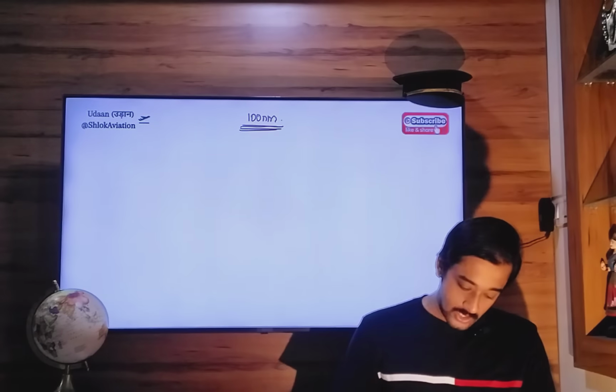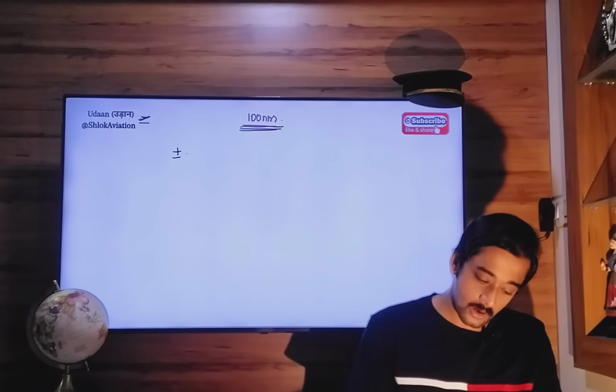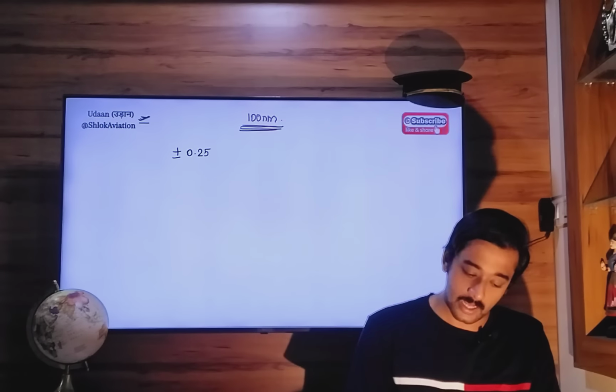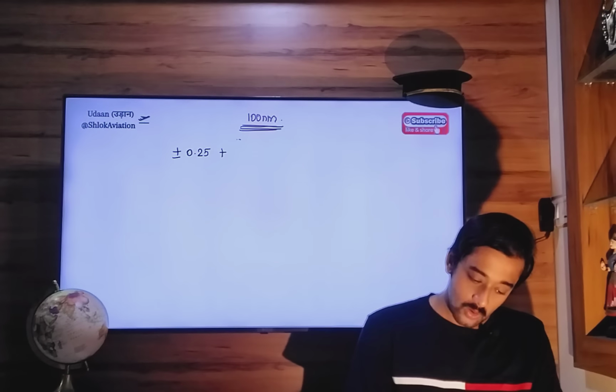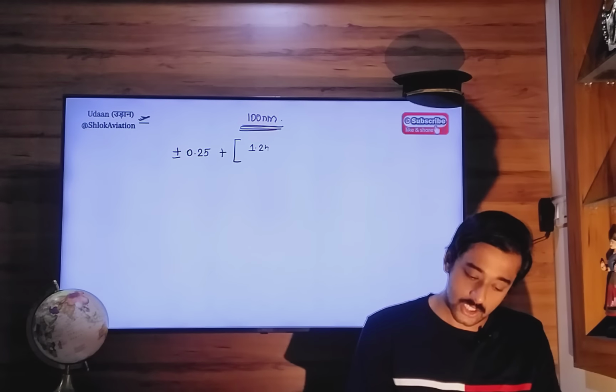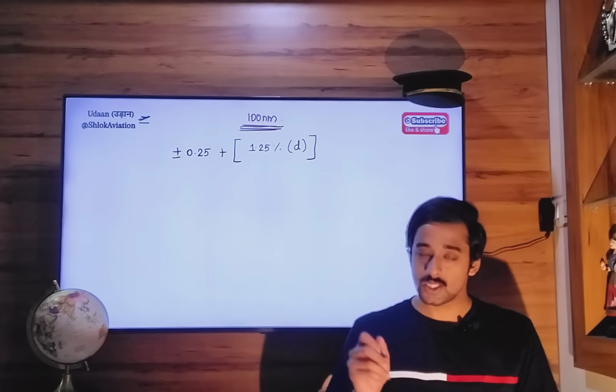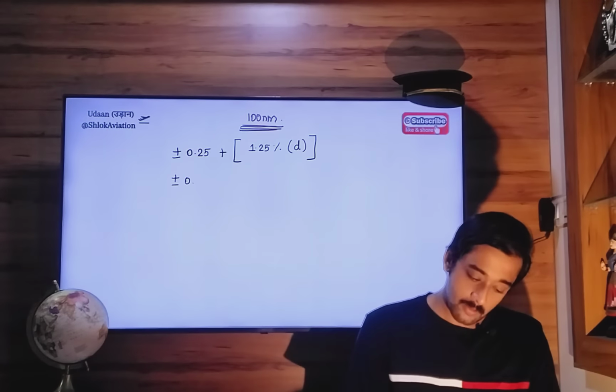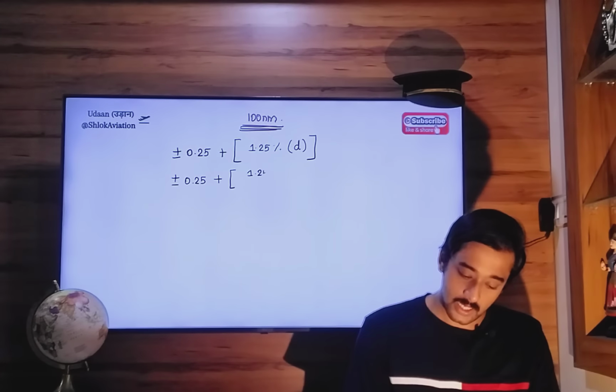So we have to find the acceptable range within which your DME indication can be valid. The formula is plus minus 0.25 nautical mile plus 1.25 percent of the distance measured. So if the distance is 100 miles, it will be plus minus 0.25 plus 1.25 percent of 100.